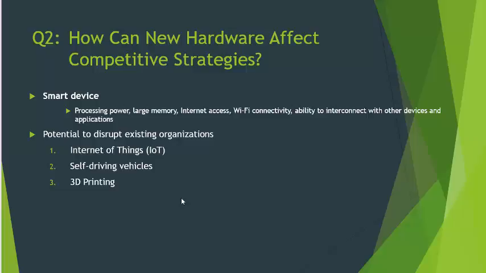Now, with those devices, there's a potential that they're going to be disruptive to organizations or disruptive to the industry. I was reading something earlier that was talking about phones and the design of phones.